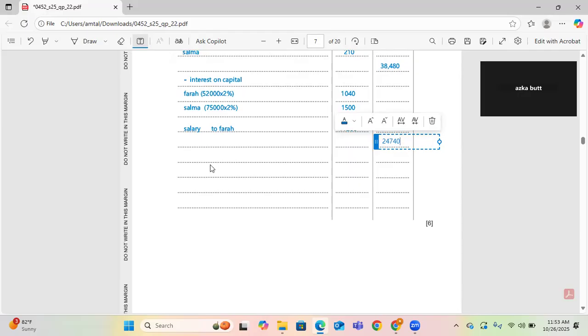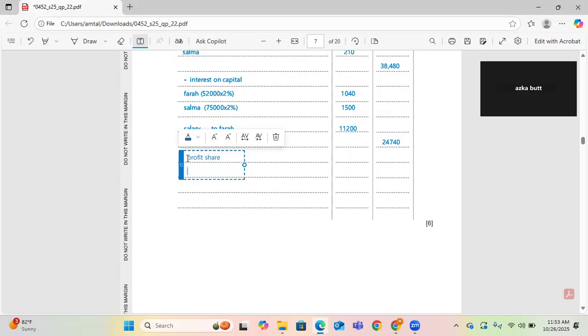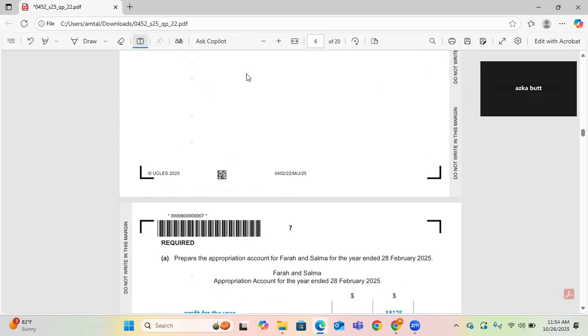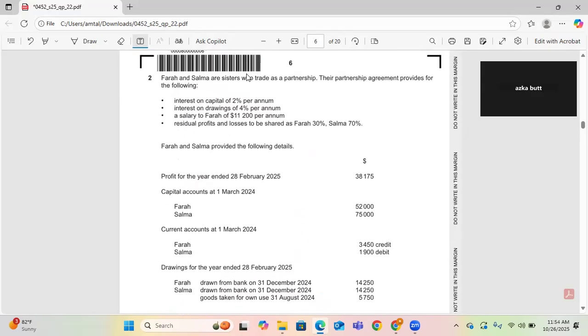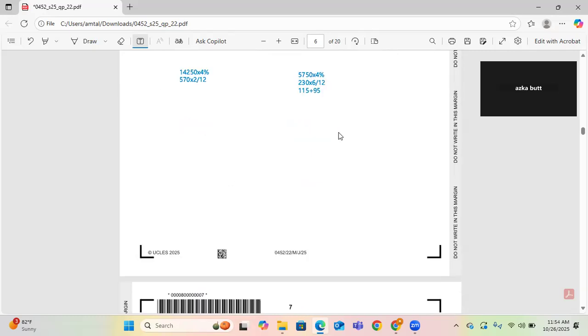Now we need to share between both partners. Profit share of Farah and Salma. Okay. So let's see the percentage for the profit. Yes, Farah it is 30%, to Salma it is 70.